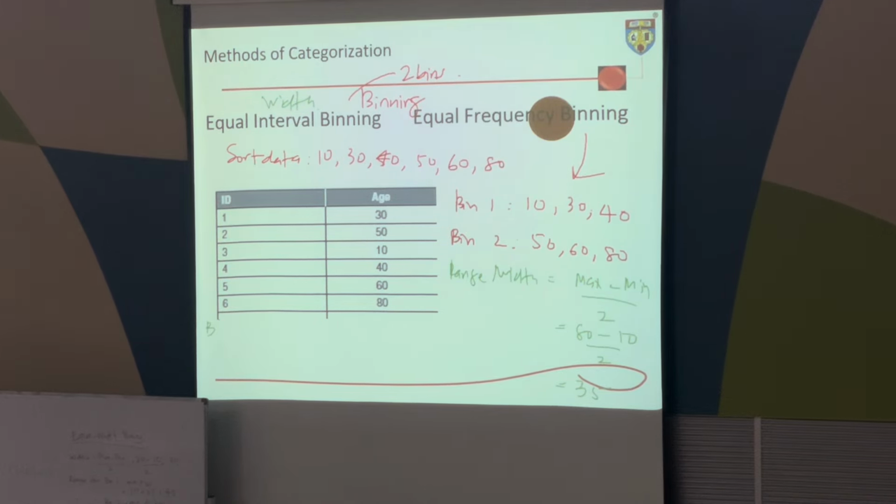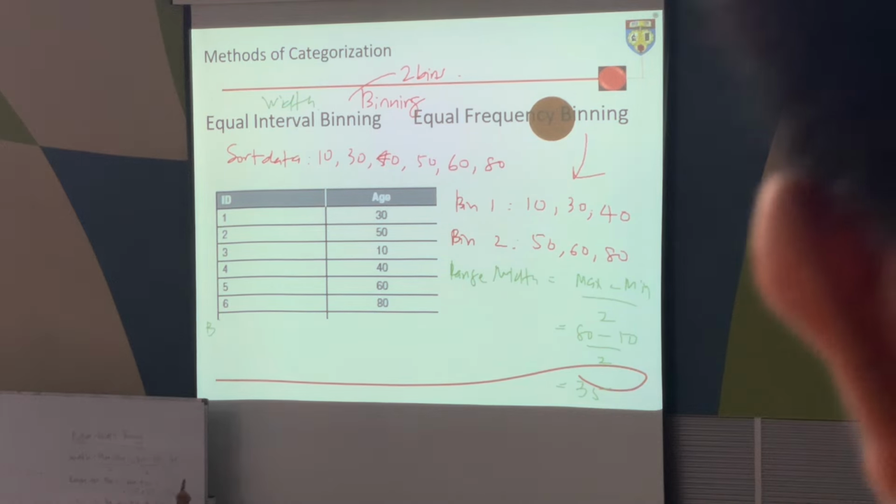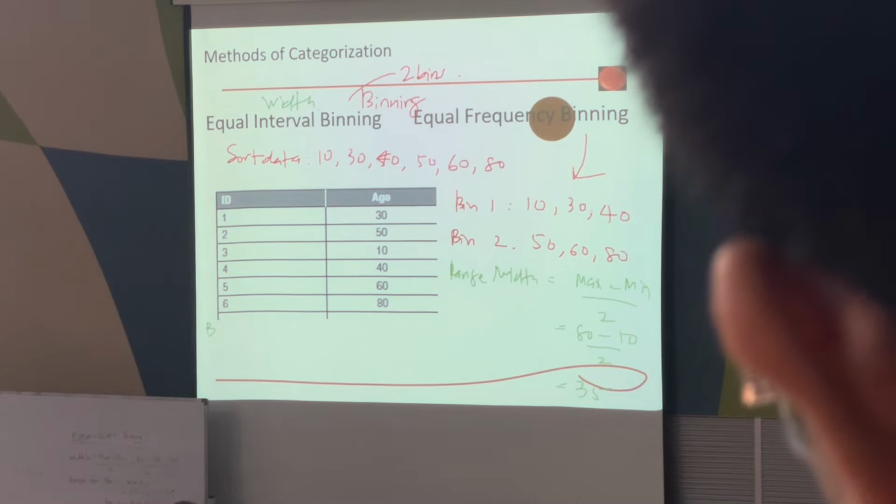But for equal width binning, first thing is you need to calculate the width value: maximum minus minimum, and then divided by the number of bins.